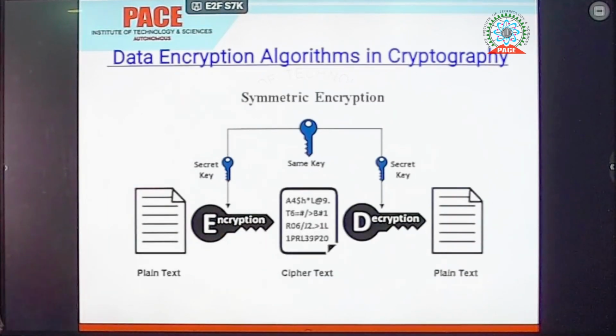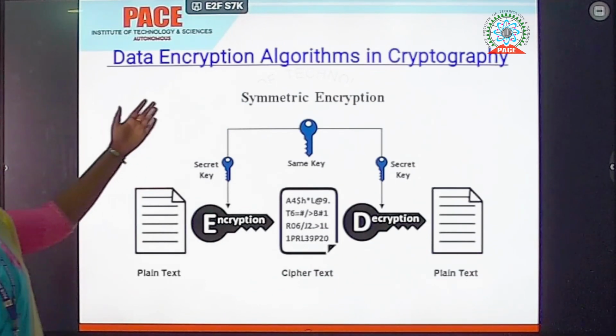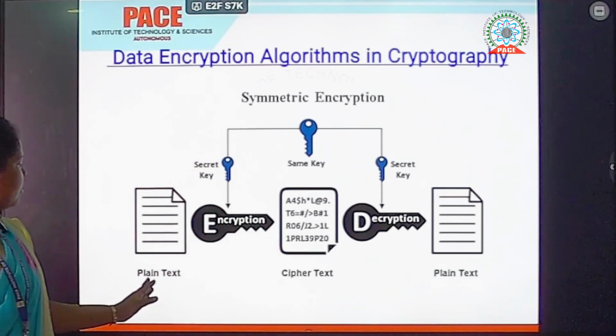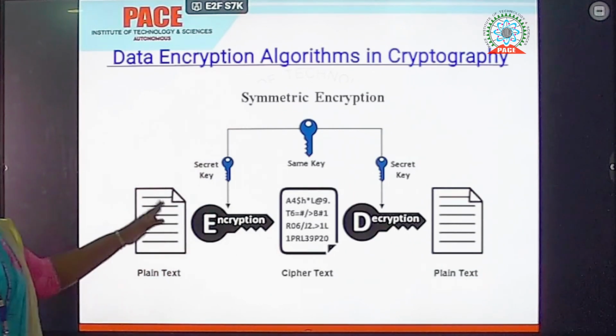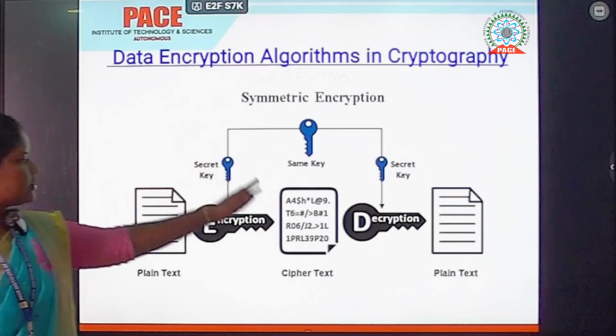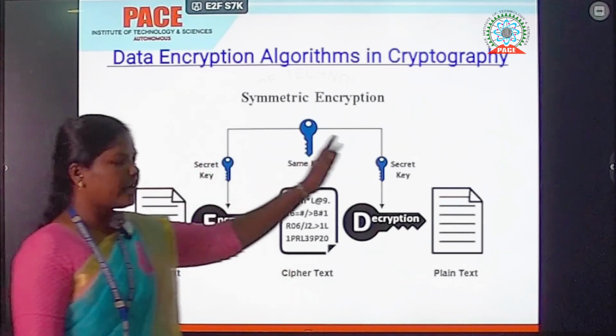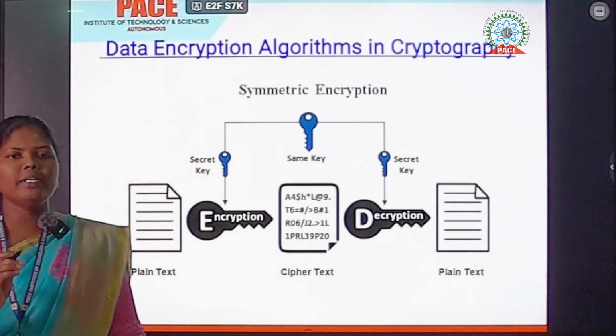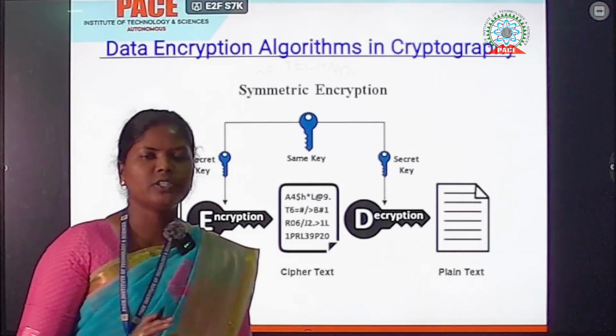First of all, we will see the data encryption algorithm in cryptography. Already we know that in the data encryption algorithm in cryptography, we convert plain text into ciphertext, and again back to plain text. In this we have three terminologies. First, plain text. Second, ciphertext.